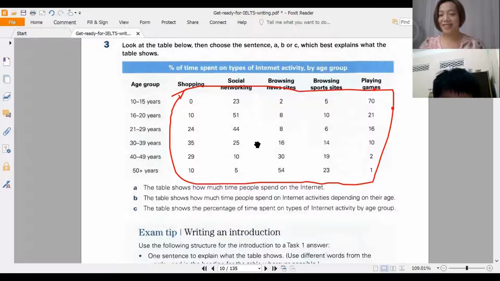All right. We can list 0, 23, 2, 5, 7. We can list like that in a writing. So what we should do is try to pick out the most important information. You can do it by grouping or comparing. You can compare the categories or compare the groups.